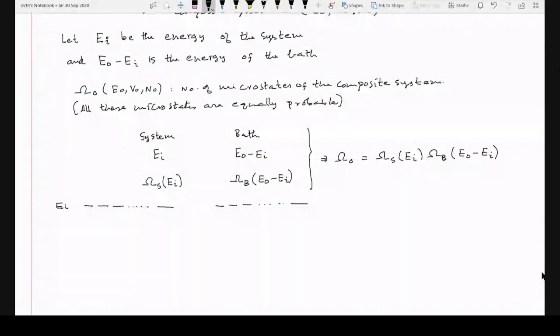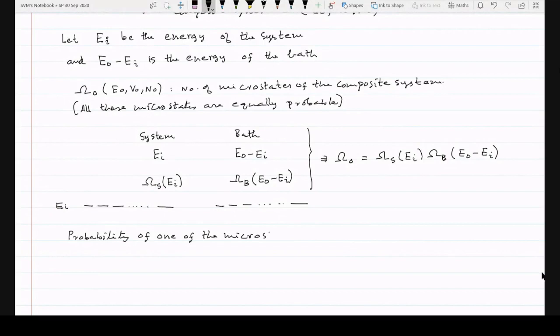Now suppose I ask the question, what is the probability of one of the microstates of energy EI here?